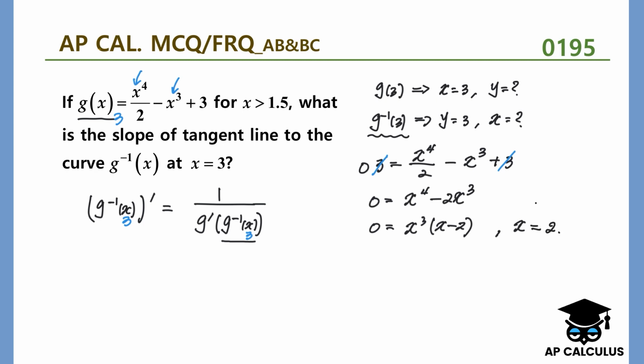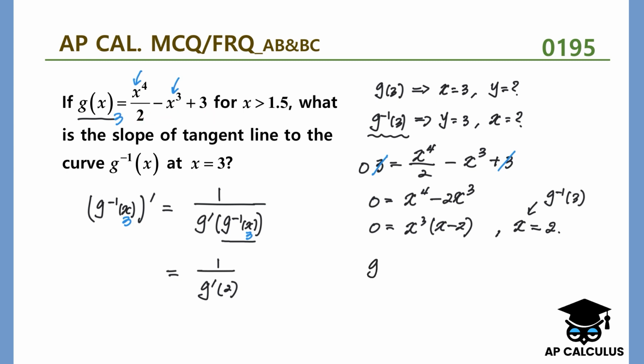And this x value right here is equal to g inverse of 3, right? So we have 1 over g prime of g inverse of 3, that's 2, right? Now we have to find g prime of 2. Here, g of x is given by this function.